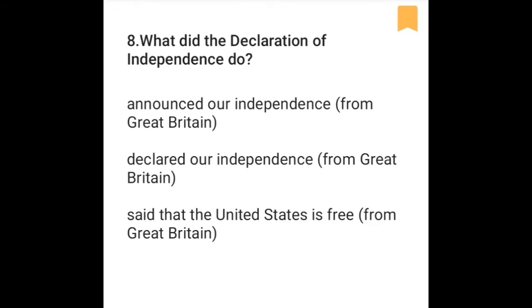What did the Declaration of Independence do? Announced our independence from Great Britain. Declared our independence from Great Britain. Said that the United States is free from Great Britain.